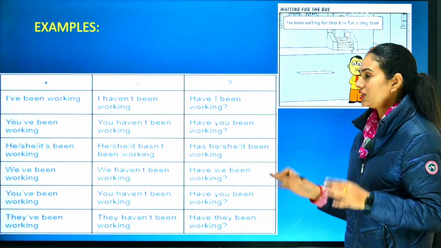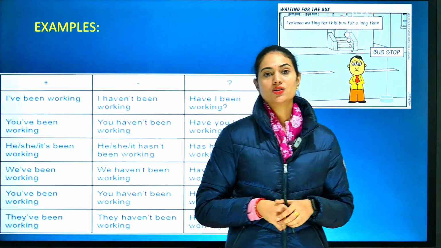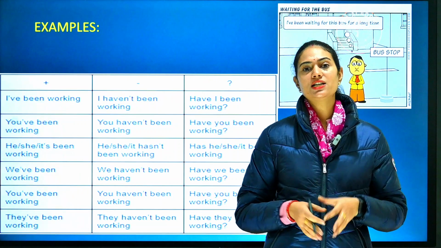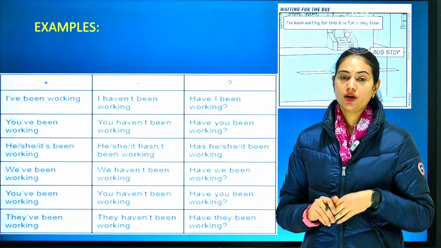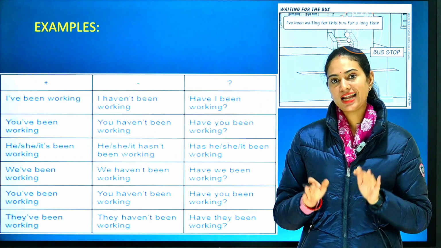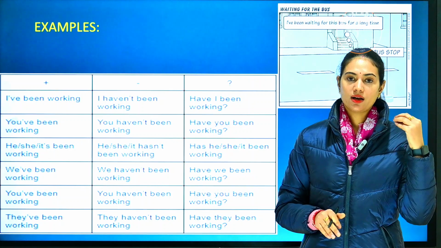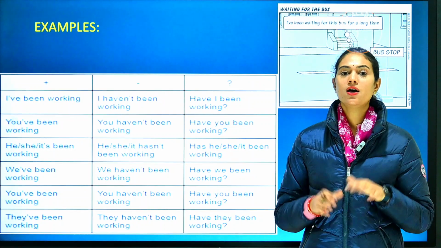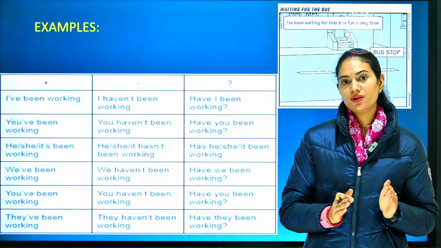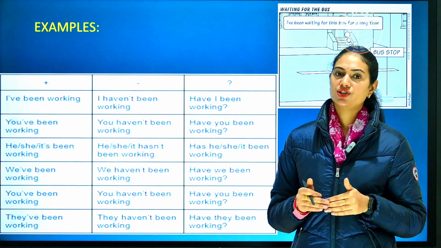So students, these are the 4 different types of present tense we have. Present tense always tells us about the actions done by verb in the present time. For the first, indefinite, the time or the completion of action we don't know. In continuous or progressive tense, we know that the verb is doing work or the action is in progression right here.